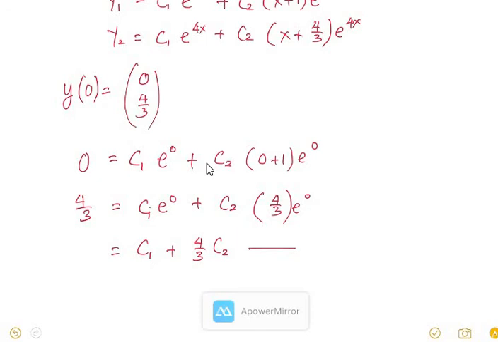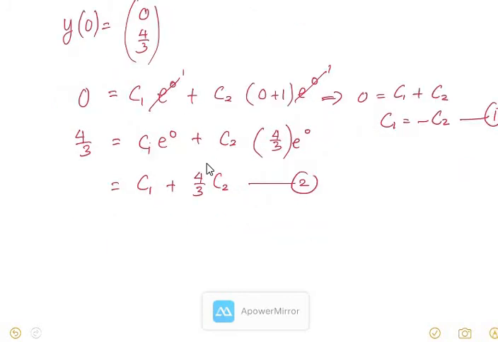So I assume this, okay, C1. Now this is 1, this is 1 also. So this one is 0 equals C1 plus C2. This means C1 equals negative C2. So this one I assume is equation 1, and this one I assume is equation 2. So I must substitute equation 1 into equation 2.